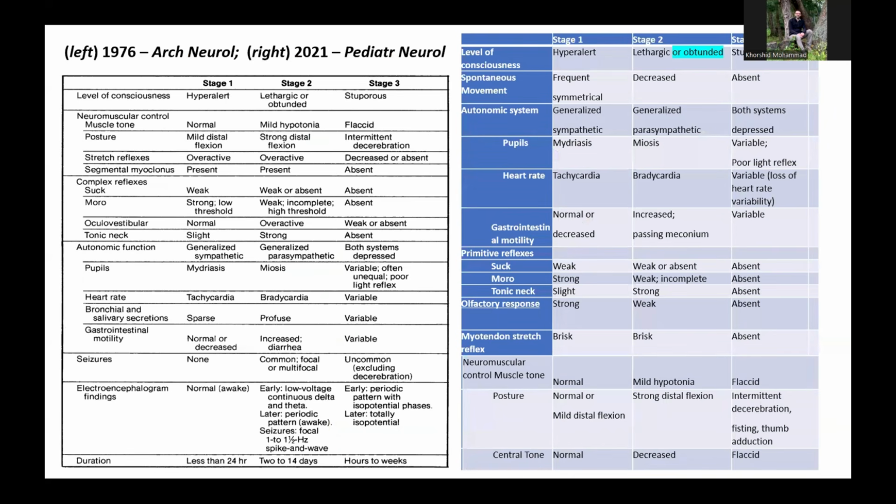On the left in the screen is the table from our original paper on neonatal encephalopathy. Actually, all of the babies that we studied in that paper, only a series of 21 initially, all had well-documented asphyxia in the perinatal period.